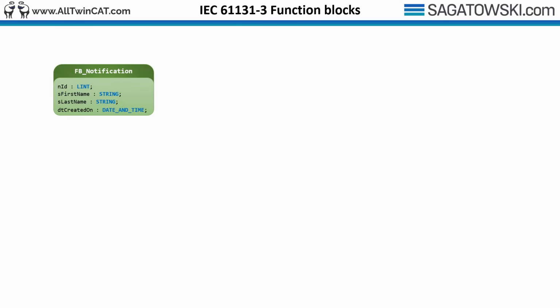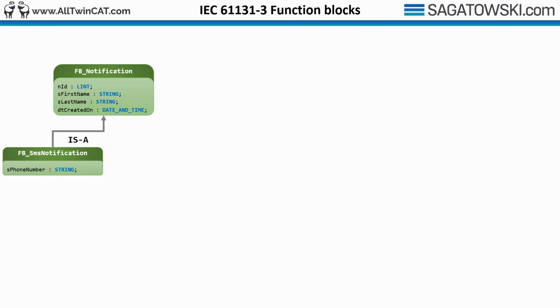Let's imagine we have a function block fb_notification that handles notifications to different users. The notification will have a few attributes such as an identity, the first and last name of the person to be notified, and a date and timestamp of when the notification was created. Now we can imagine that we want to send out notifications as an SMS. For this we can create a separate function block that only handles SMS notifications.